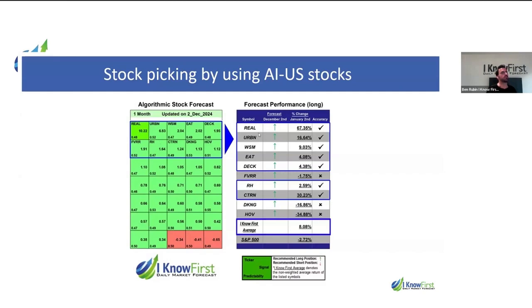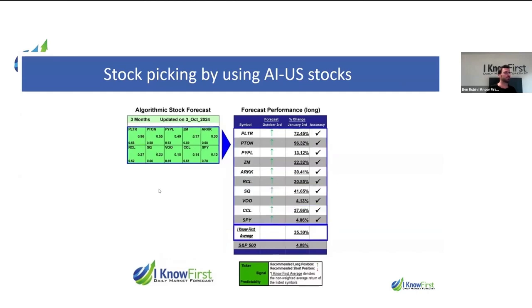And we can see that this stock has jumped by 67% in a 1 month time frame, and all of that happened while the S&P went down by 2.72%. The average of this forecast went up by 8%, while the S&P moved down by 2.7%. And I think you already understand the value of such a forecast.